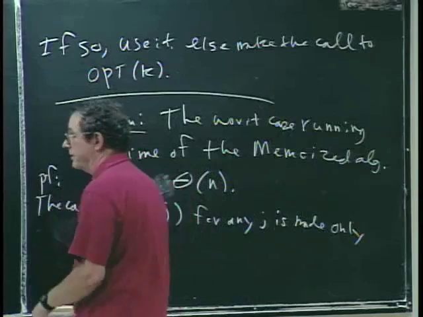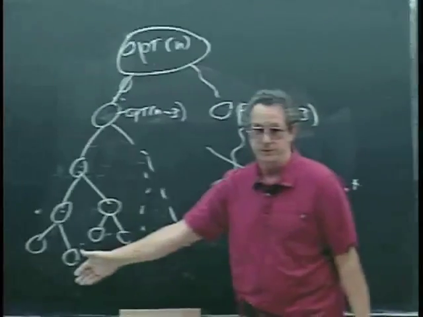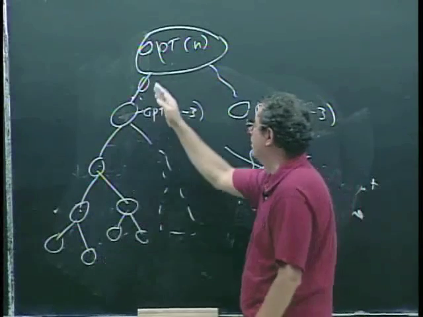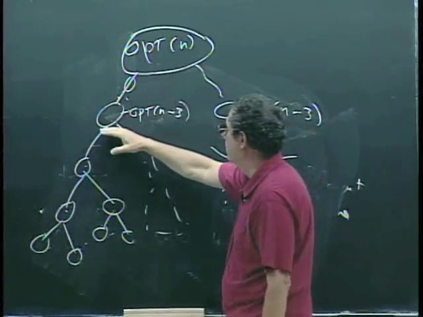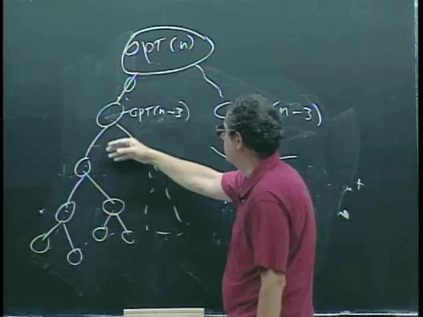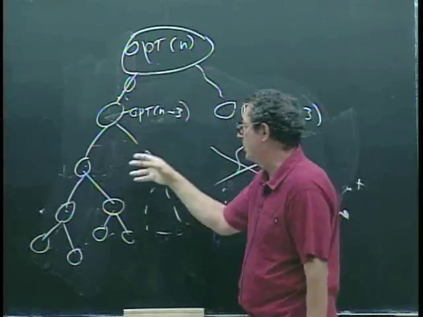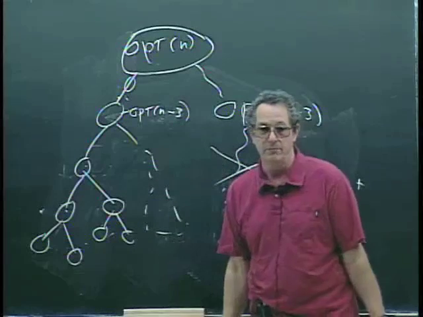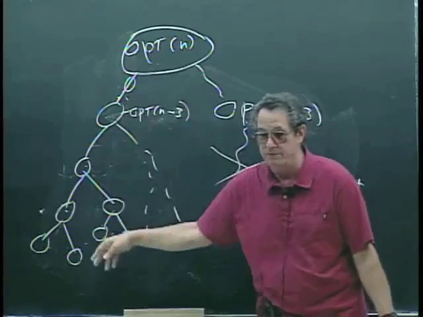And as I said, that's a property of the fact that you're doing the depth first traversal. If we didn't do depth first, we couldn't make that claim. If you came over here and you made this recursive call, but then you stopped and you started doing this recursive call and so on, you could easily have multiple calls of the same opt subproblem. But when you're doing it top down, when you're doing it depth first, then that won't happen.